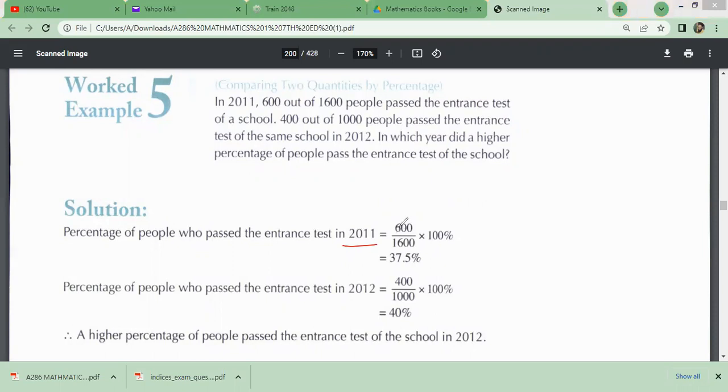In 2011, 600 out of 1600 passed. We represented it in the form of a fraction and multiplied by 100 to get the percentage, which is 37.5%. In 2012, we again represented it as a fraction, 400 students out of 1000 passed the test. Multiply by 100, we got 40%, which is a higher percentage of students who passed the entrance test of the school in 2012.